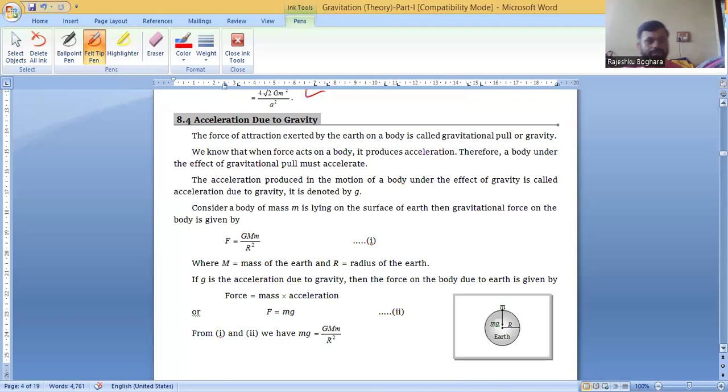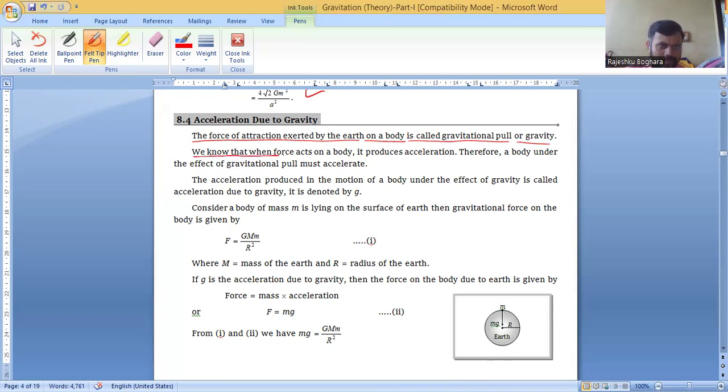Next point. Acceleration due to gravity. The force of attraction exerted by the earth on a body is called gravitational pull or gravity.